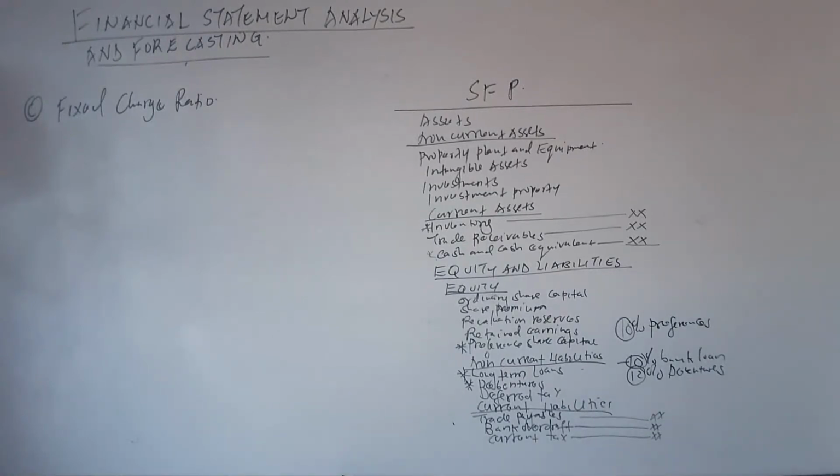the ratio indicates the proportion of the total capital which has a fixed rate of return in relation to the total capital.